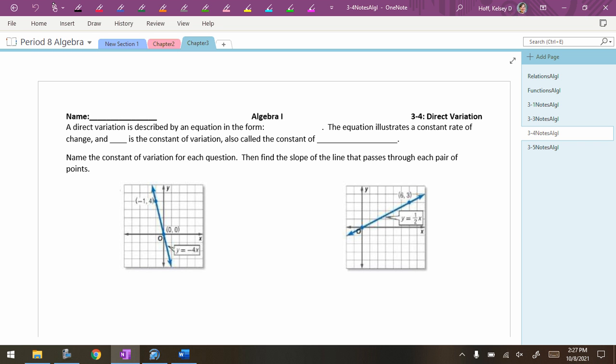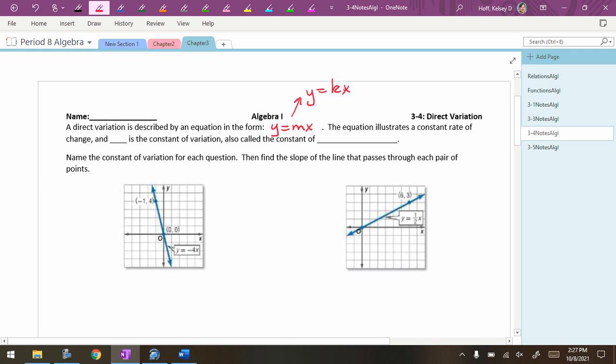Direct variation is described by an equation in the form y equals mx. Sometimes they'll say y equals kx. That means the same thing. K and m are sometimes interchanged.